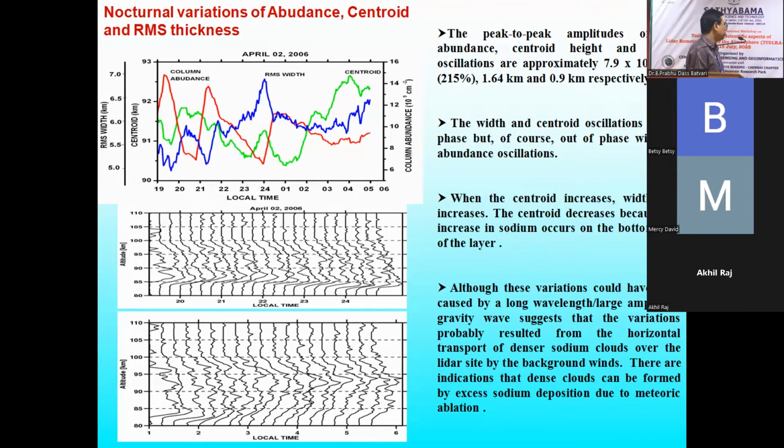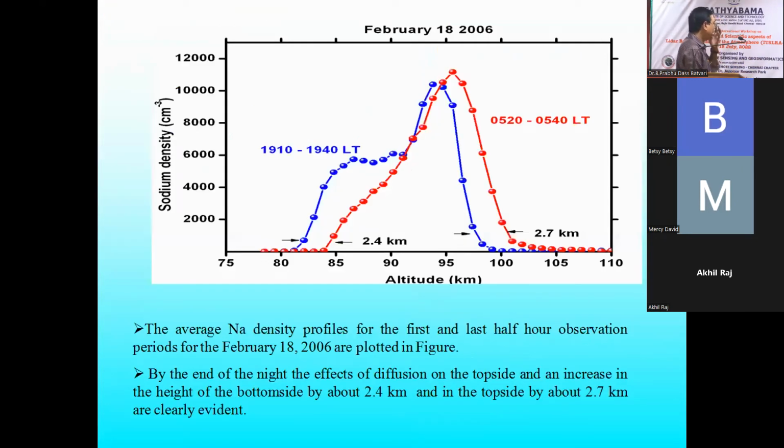This can be attributed to the parameters of the sodium layer. The down panel can represent the gravity wave phenomena. That means wave motions are also responsible for the sodium layers, and can supplement this.